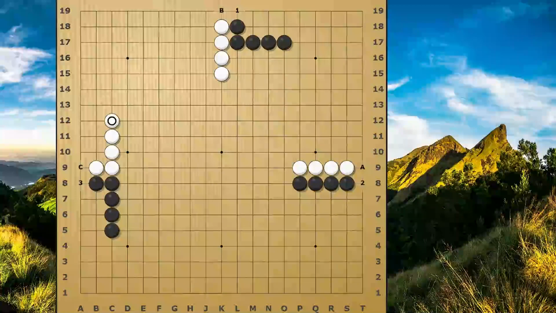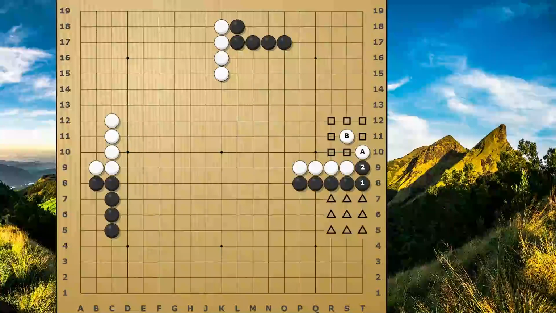There's another reason. The other reason is black might not actually want A. Why might black not want A? Well, for instance, black might want to attack this white group. If we play this, white's getting eyes.